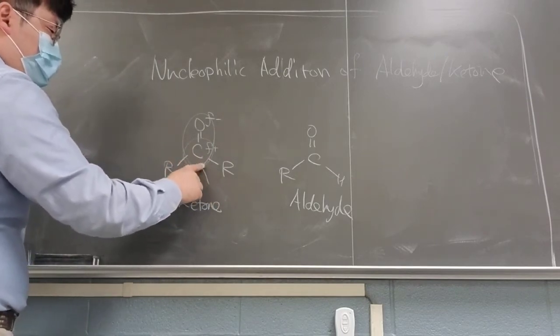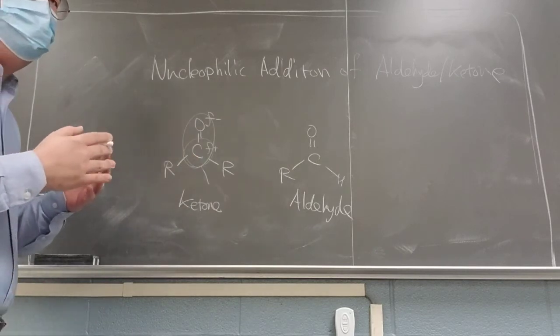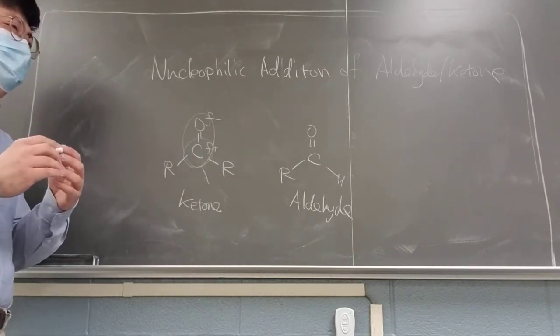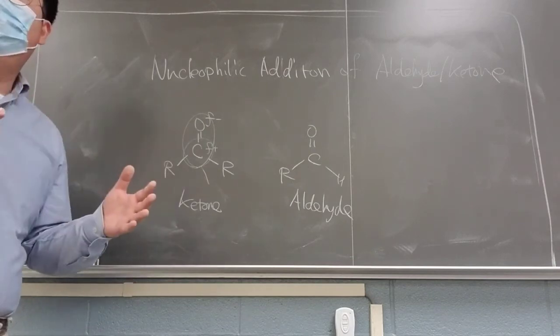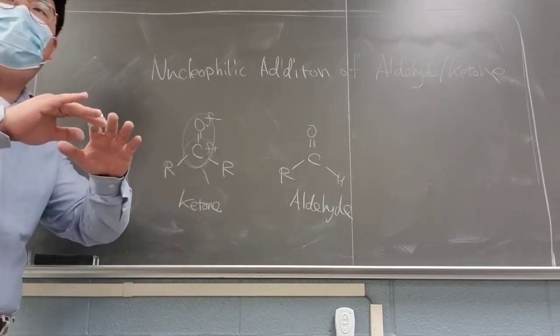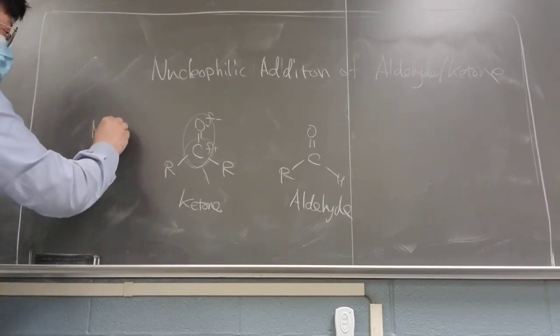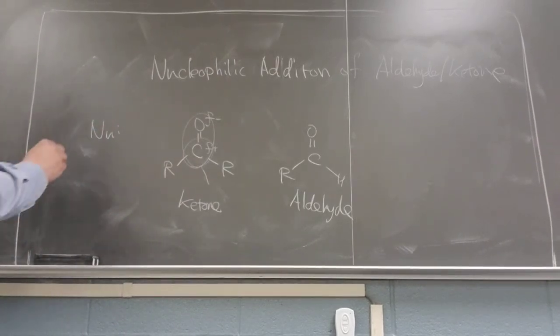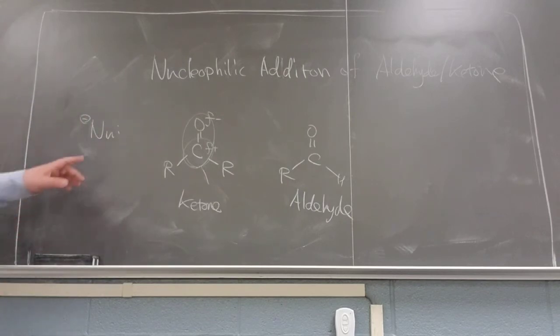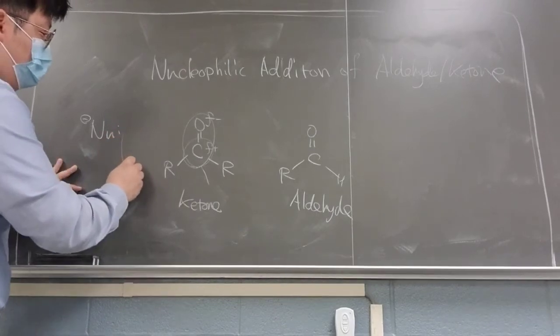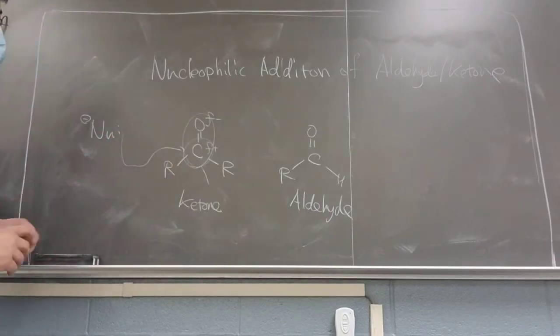That makes this carbon quite a strong electrophile, because electrophile means they're lacking electron density, so they're looking for something highly electron dense, which is our nucleophile. Our nucleophile, either negative charge or neutral, should have a lone pair to donate electrons. That's why they can come into this position here.